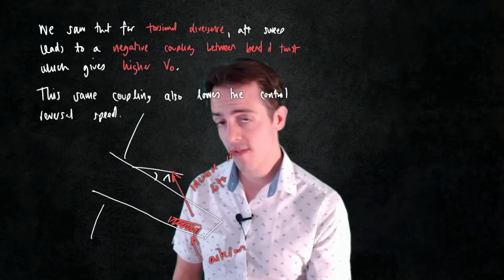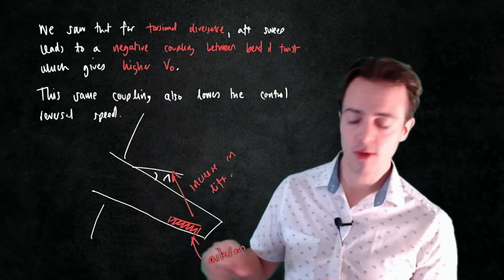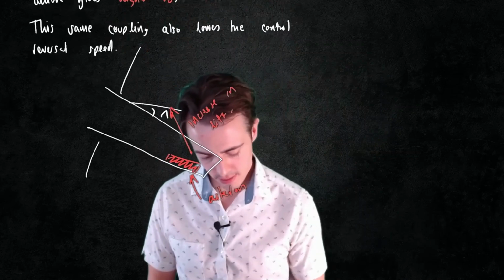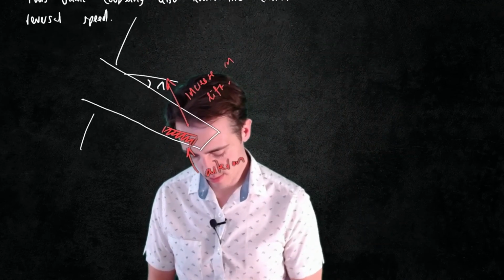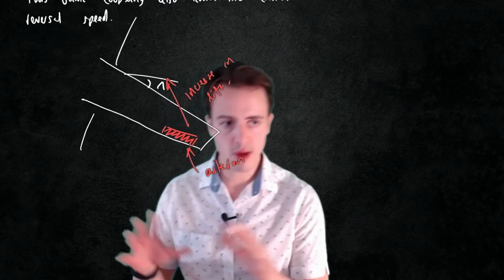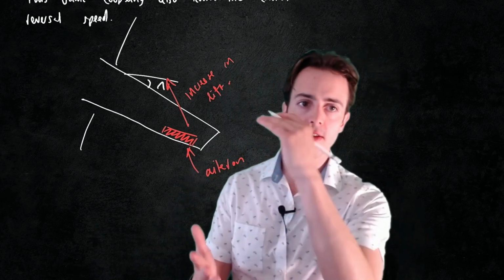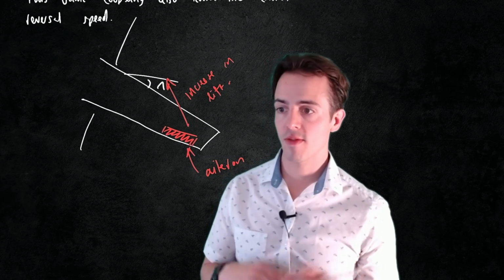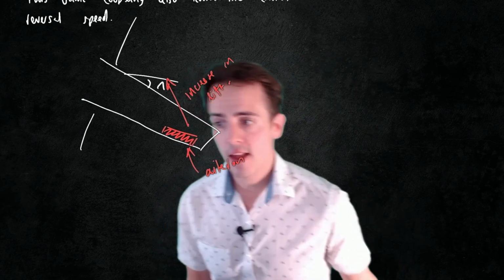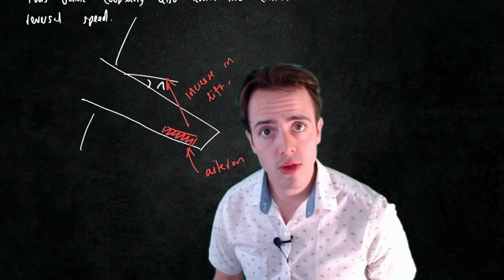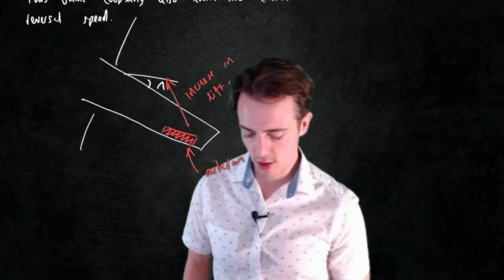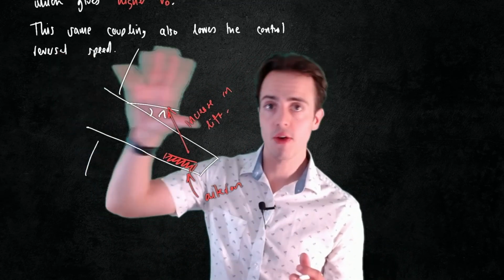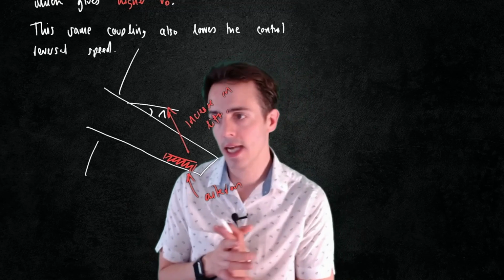That's going to further reduce the lift due to this bend-twist coupling. I'm not going to write about that because hopefully you can intuit that from what we have gone through. Basically, for a swept back wing, the control reversal speed is reduced because of this positive sweep back.